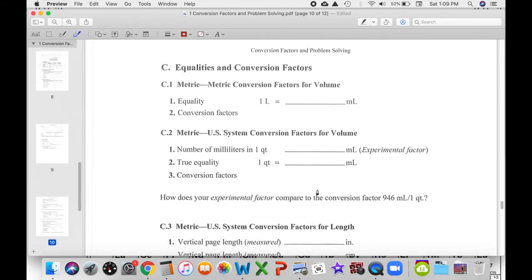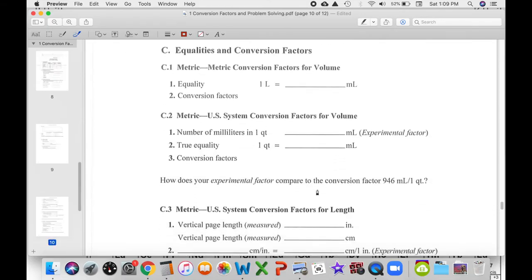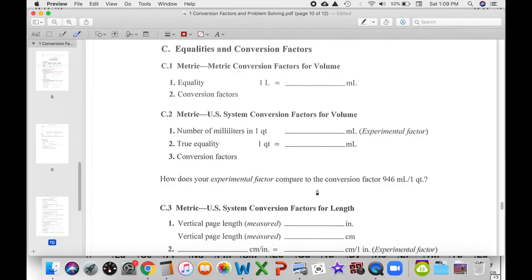Part C kind of continues in this vein. You're going to use, let's say, a measuring cup in this example to measure out 1 quart, and you're going to see how much that comes up to in milliliters. If you pour that into a graduated cylinder is how we would do this in lab.